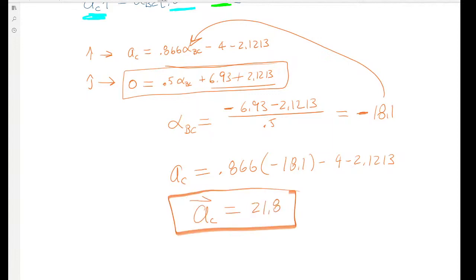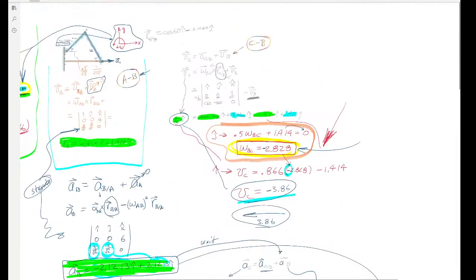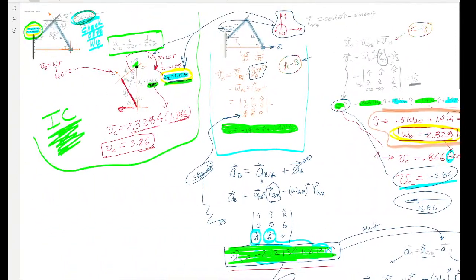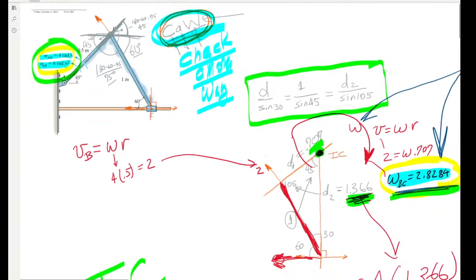So, the first question is, what is this problem number? Oh geez, I did not copy the problem number down.